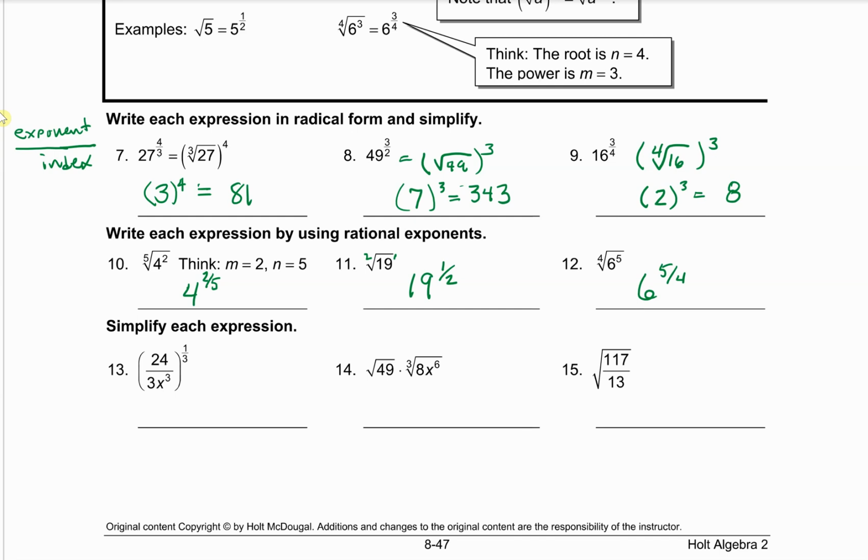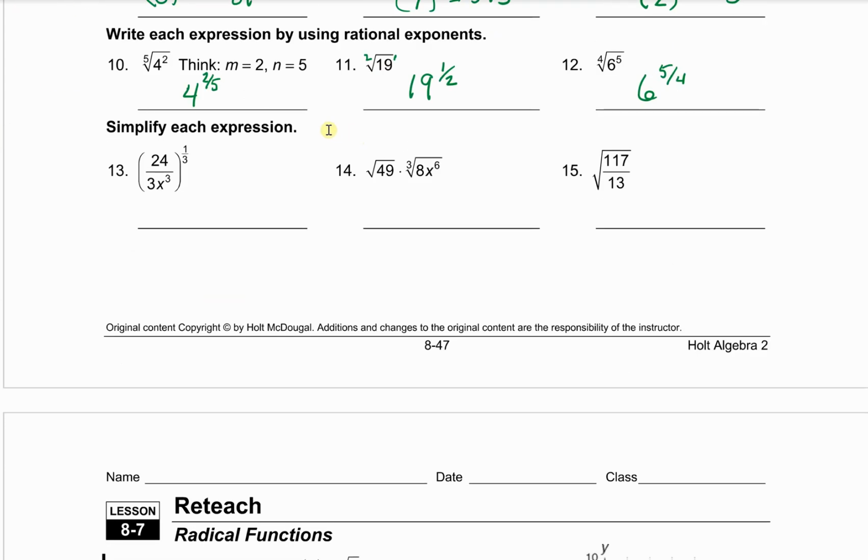Alright, so how do we simplify these? Well, it can get a little complicated, but it's not really impossible. Let me show you. What I'm going to do with this guy here, 24 divided by 3, I'm going to simplify inside first. That's going to be 8 over x cubed. I'm going to make that to the 1/3.